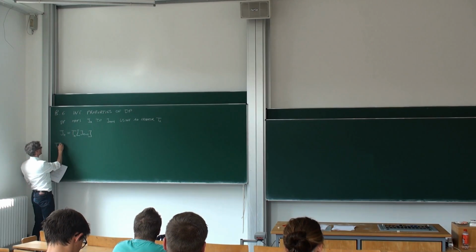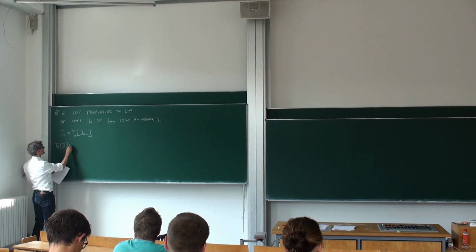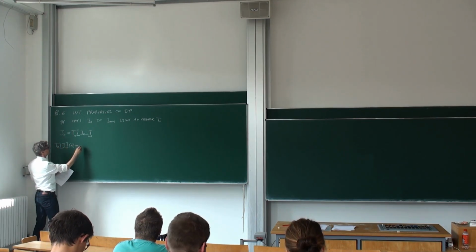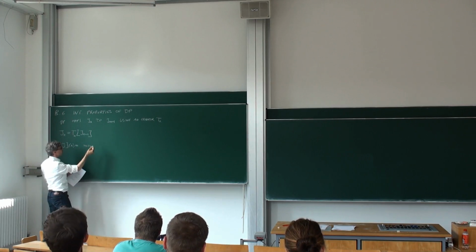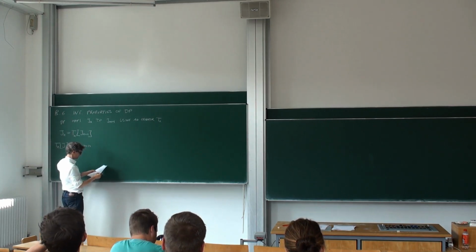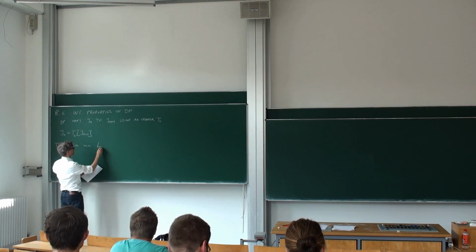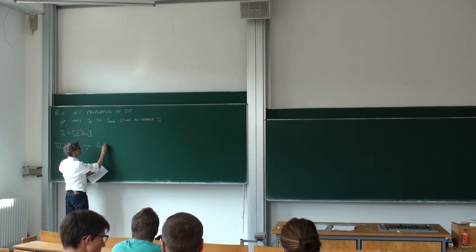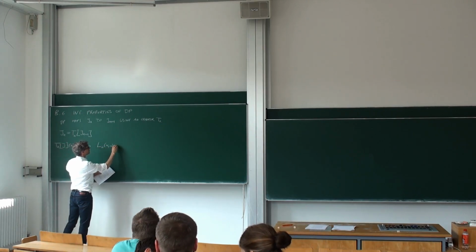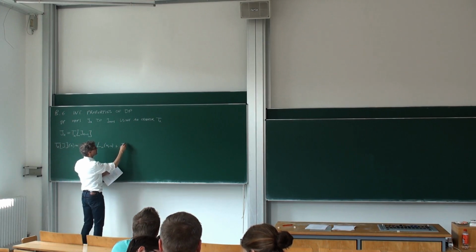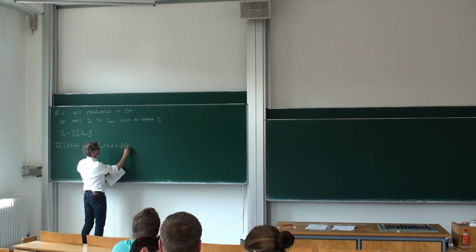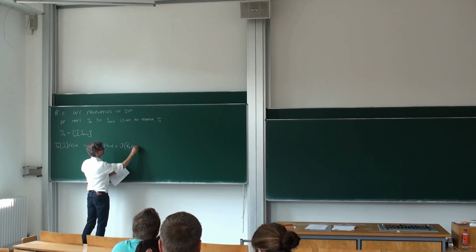Maybe we could define it. T_k of any function J, evaluated at the point x, is defined by the minimum over all u, and now I will just state it in the deterministic form, of the stage cost plus J evaluated at f_k of x and u.